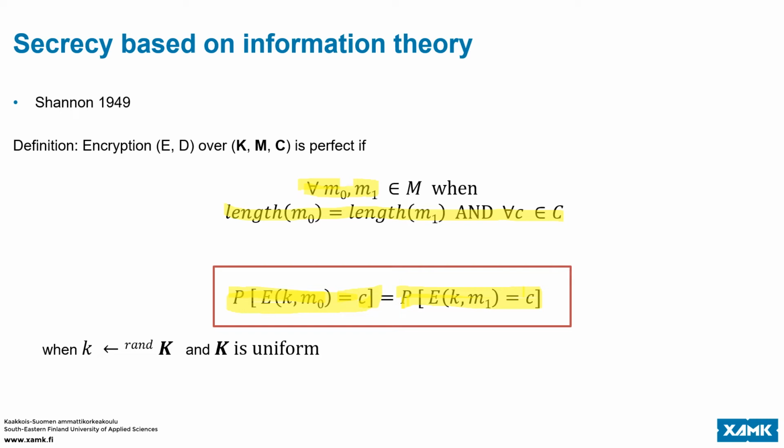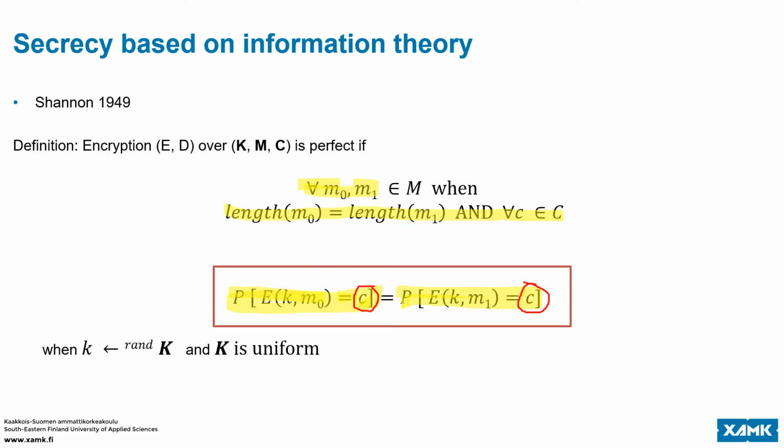So when we pick a message at random using the same key, it should be equally probable for the ciphertext C to be the ciphertext here.